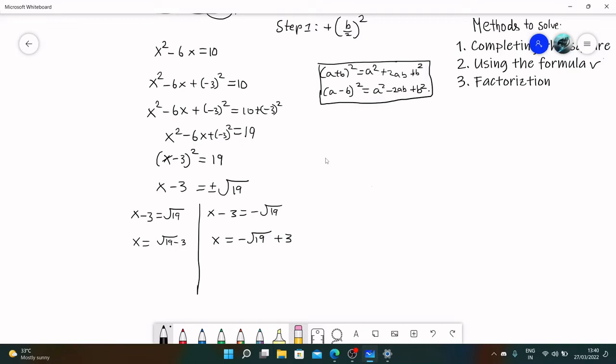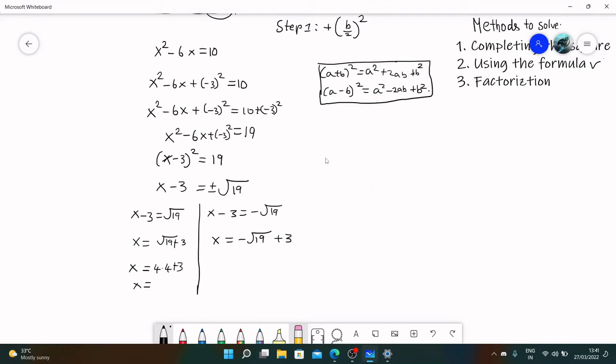Square root 19, you can take approximately as 4.4. So 4.4 minus 3, you can say is 7.4. Okay, no, I made a mistake. It will actually become plus 3, because over here it's minus.